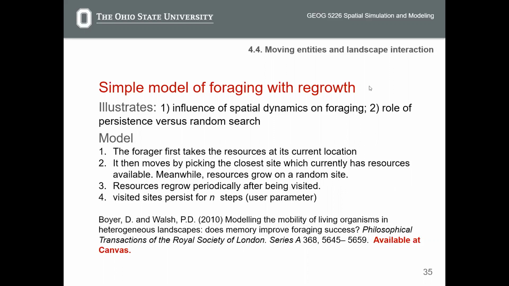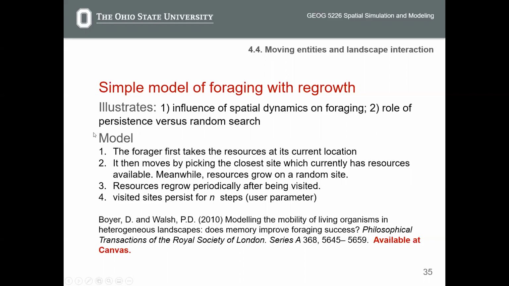This model illustrates, firstly, the influence of spatial dynamics on foraging. This dynamic is the regrowth of food resources. And secondly, the role of persistence versus random search.